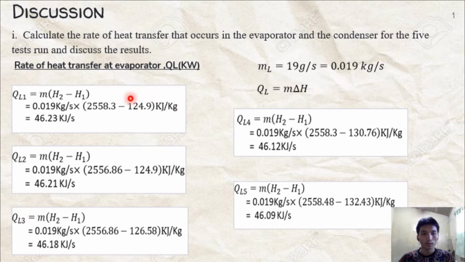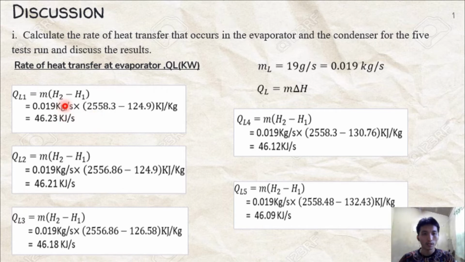For test one, which we put as QL1, we just substitute the data for ml, which is 0.019 kilogram per second.